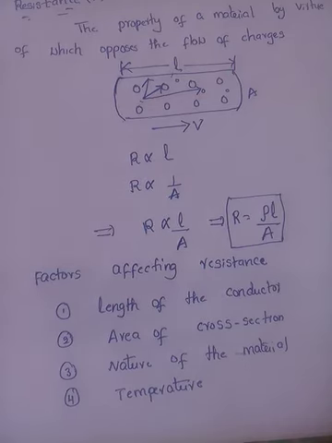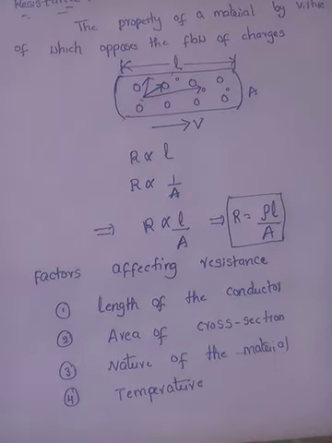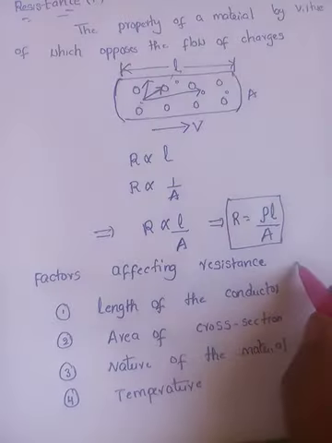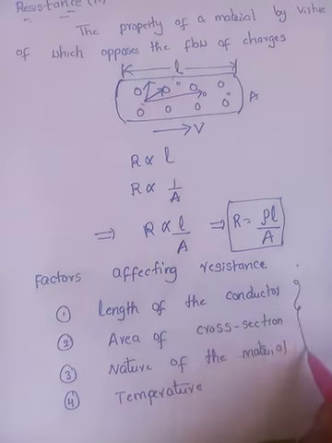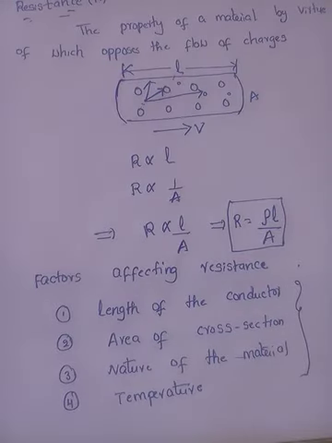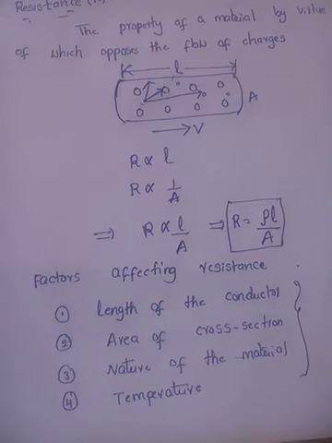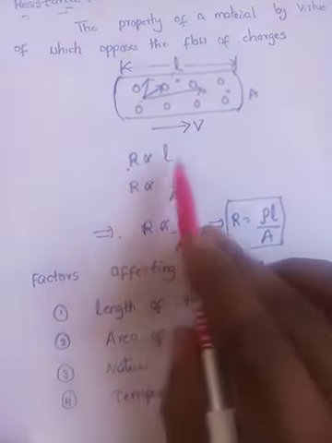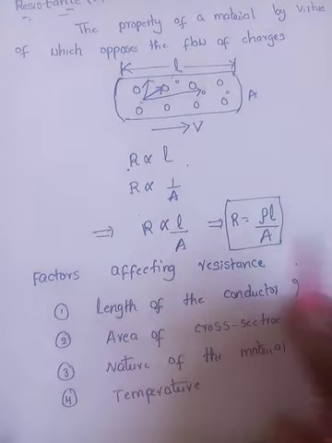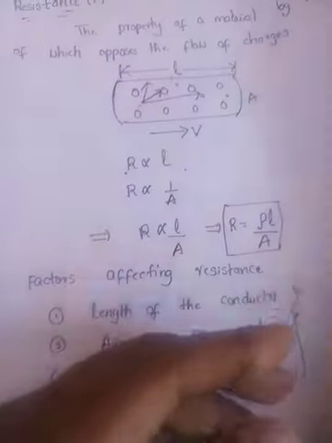We said that if temperature changes, Ohm's law will be affected, right? So these are the factors on which resistance depends: length of the conductor, area of cross section, and nature of the material. Resistance is directly proportional to length, inversely proportional to area of cross section, and temperature dependence is different for different materials. That we will discuss clearly in the next concept.